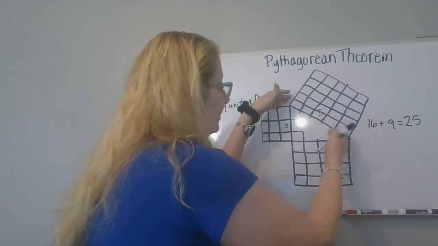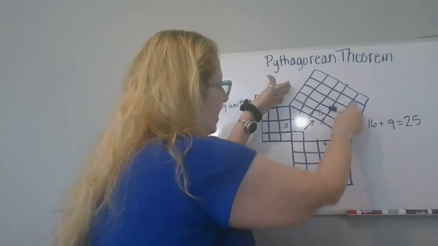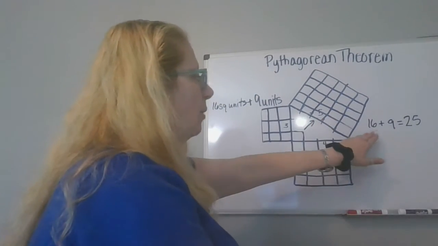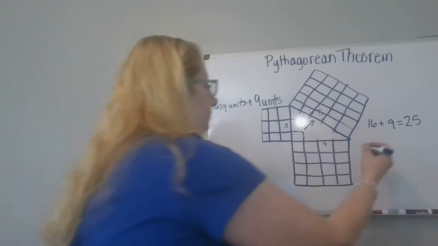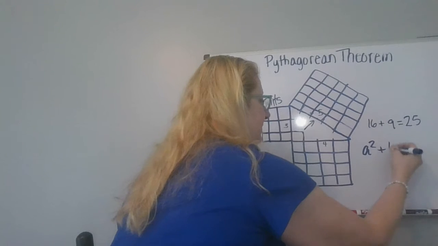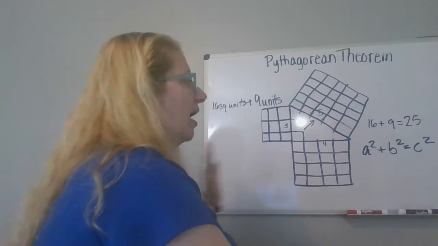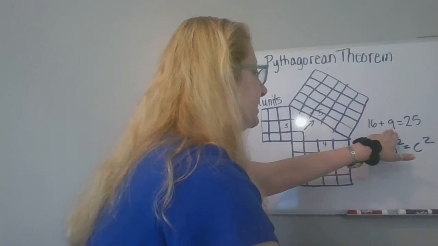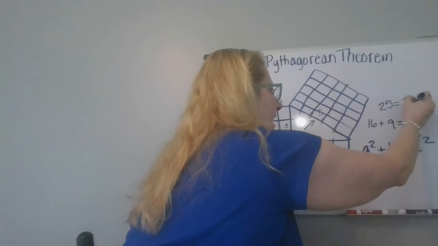And our hypotenuse, which is the side opposite the right angle, is 5 by 5, which gives us 25. When we add the base and the height, or a and b, a squared plus b squared equals c squared, we end up with a correct solution, because 16 plus 9 equals 25, and 25 equals 25.